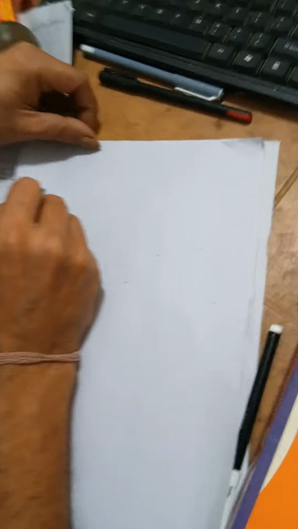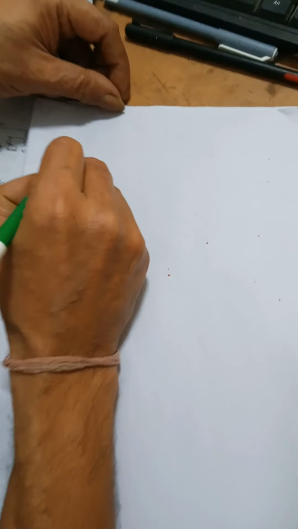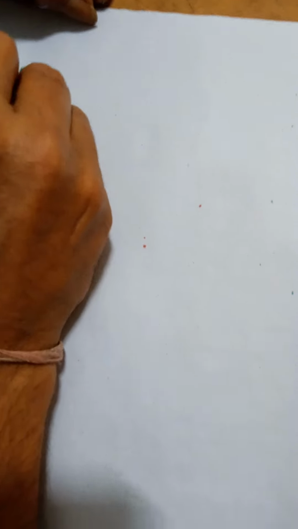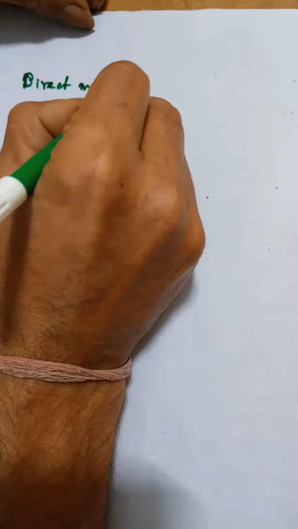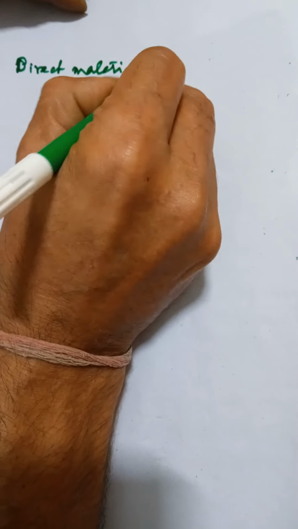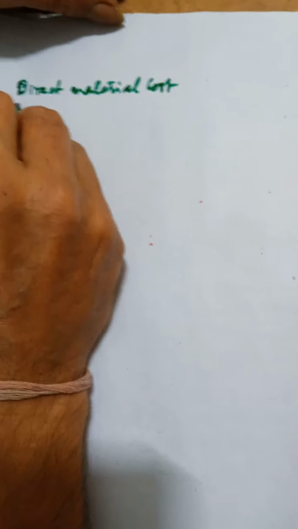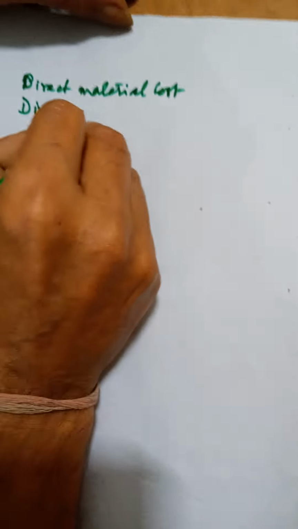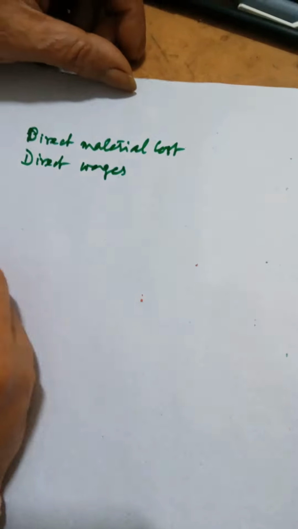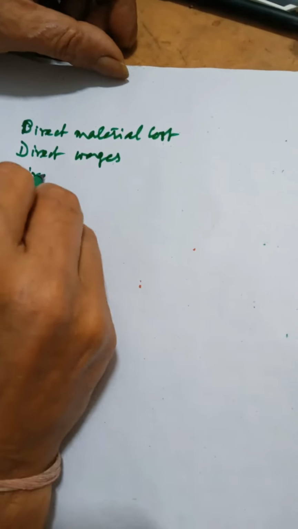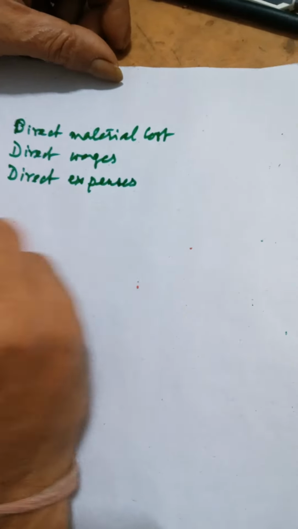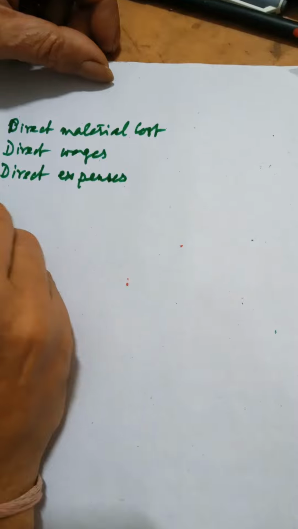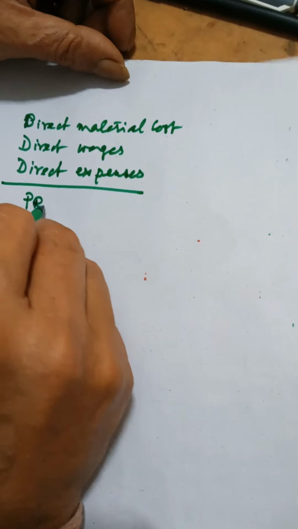I hope you are able to see what I am going to write. Direct material cost, direct wages, and direct expenses. These three make prime cost.